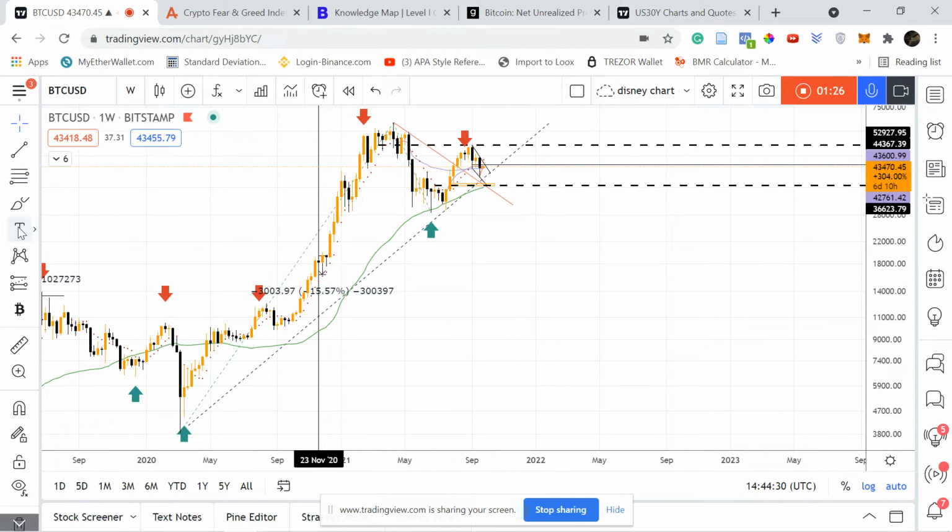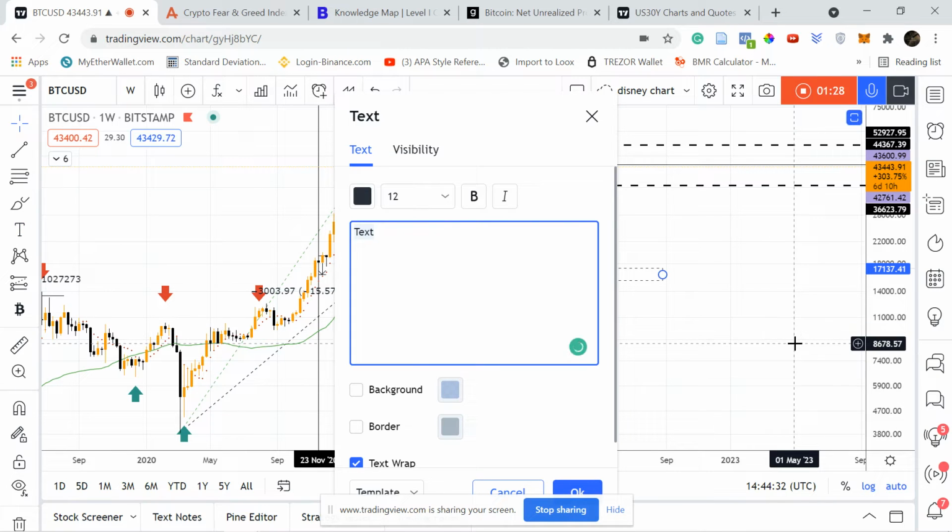So what I usually do to analyze the market and the structure: first of all, I look at the trend. I try to understand what is the trend behind the overall market, in this case Bitcoin.